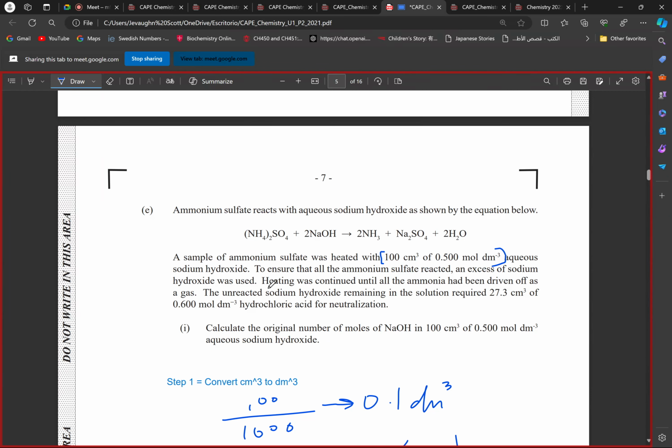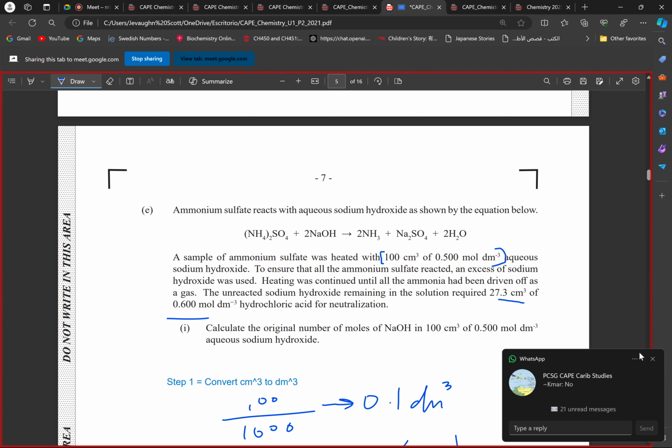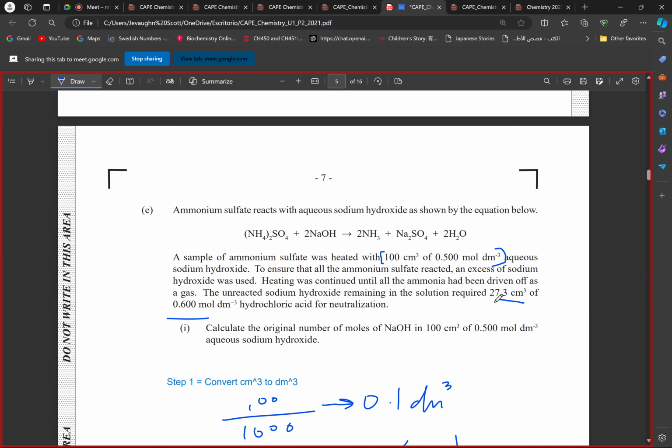The unreacted sodium hydroxide remaining in the solution required this amount of this, right, to react. Okay, so why would it be the same amount? I want somebody to explain to me why it's the same amount.